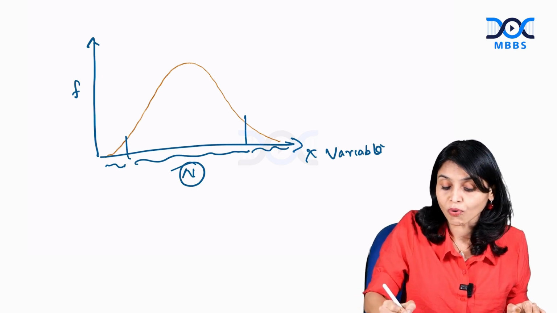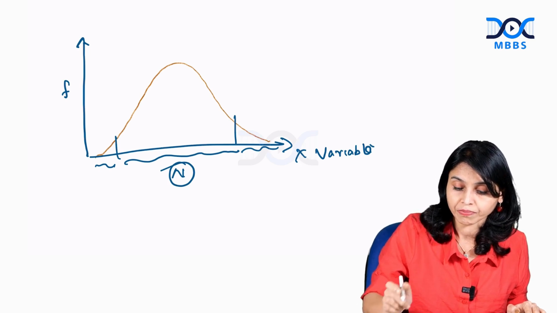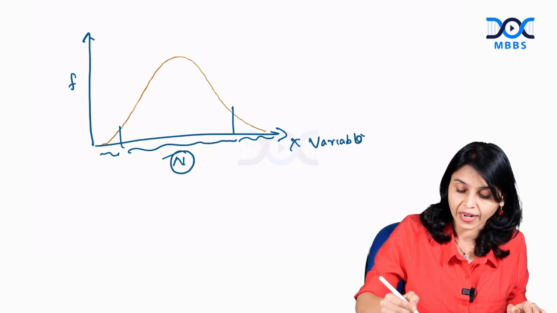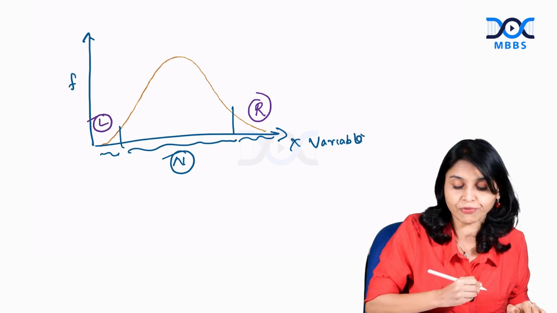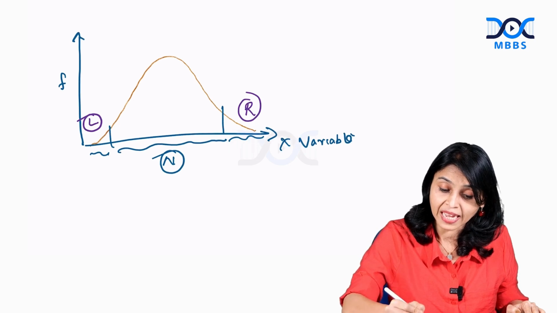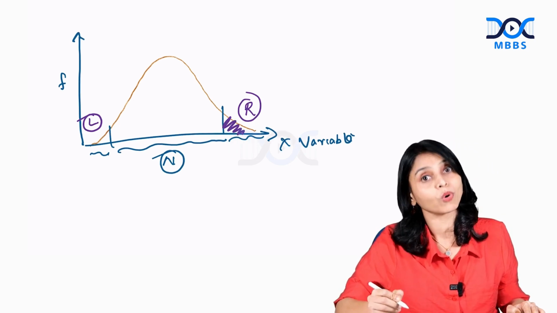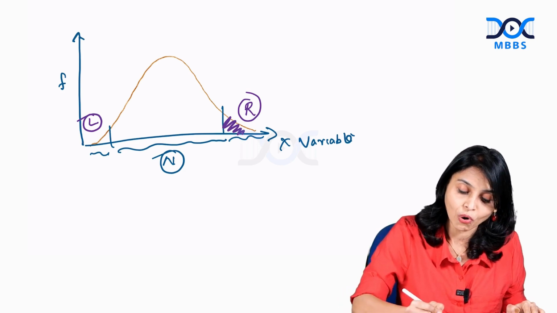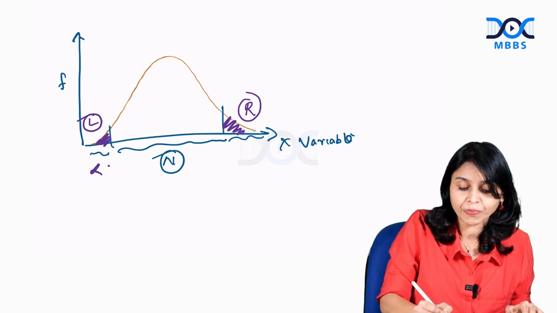Suppose I am going to call this right and this left. The values which fall under my right tail are the values which are more than normalcy, and the values which fall under my left tail are considered as less than normal, right?